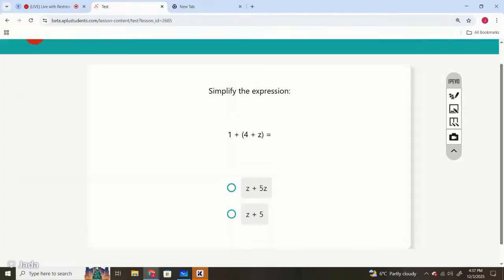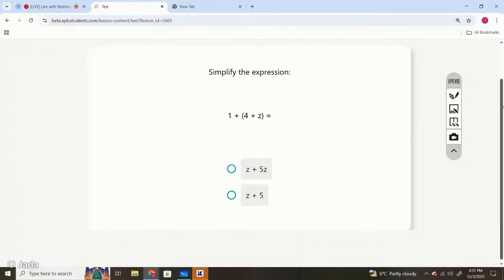Option number 1 is the correct option. 1 plus 4 plus z equals z plus 5. Option number 2 is the correct option.